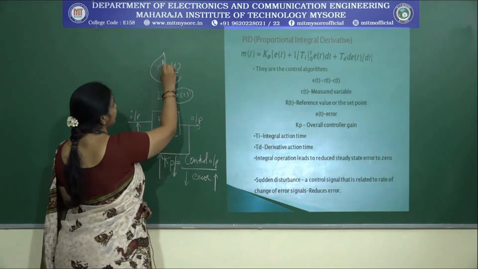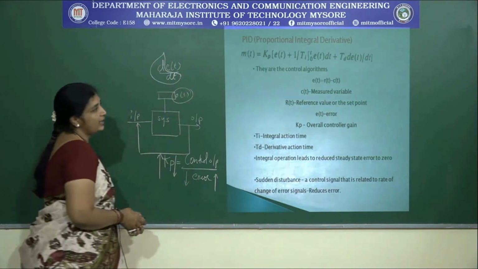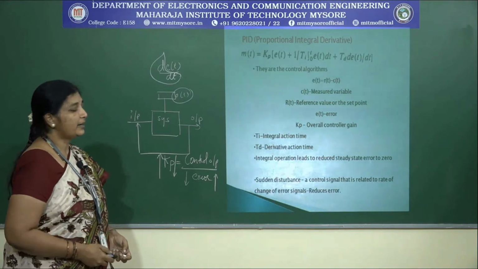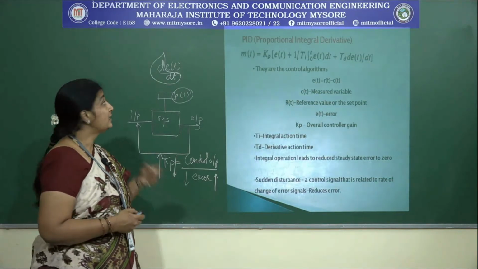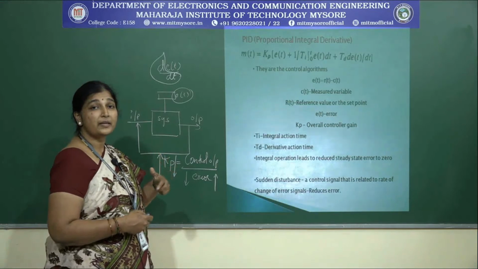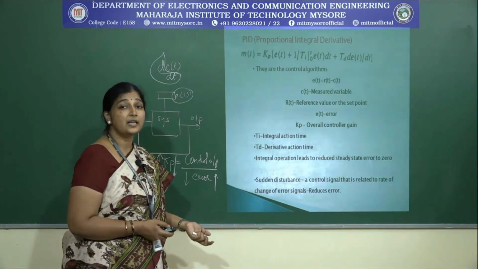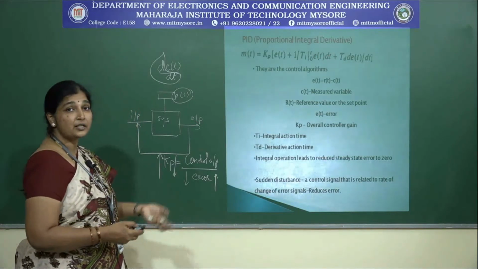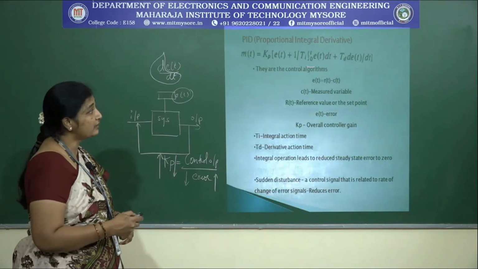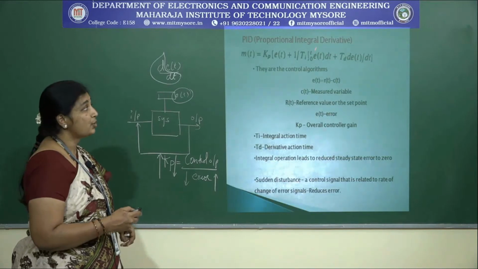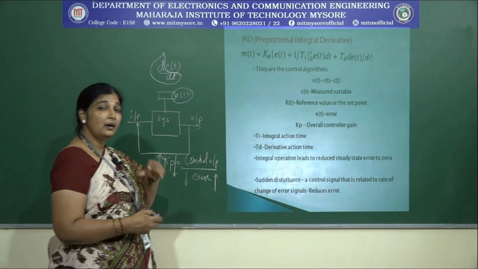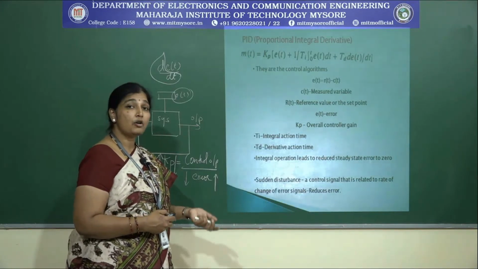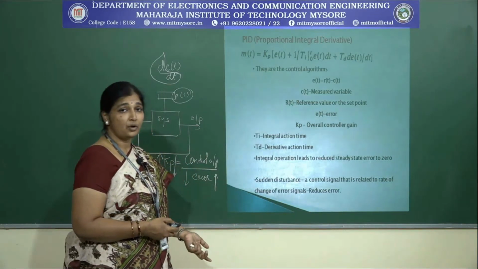This differentiation is mainly to reduce the error, and this disturbance is caused by the external environment. So we are differentiating the error which occurs from the outside. Here we have internal, and we have external, right? So integrating the internal process error, and differentiating the error caused by the external environment.